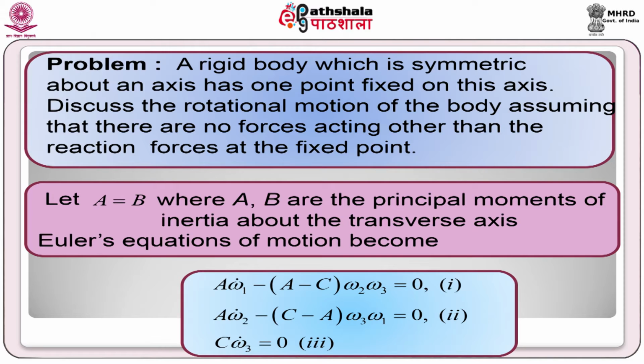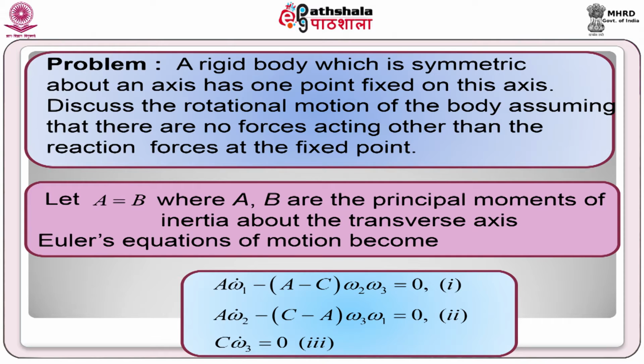As the body is symmetric about an axis, let capital A equal to capital B. Capital A and capital B are the principal moments of inertia about the transverse axis.